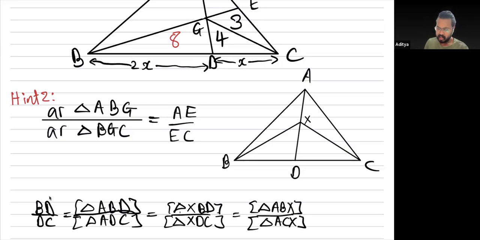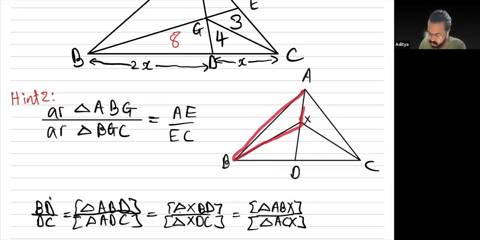Here it's not like congruency, where you need to worry about the order of the vertices that you're mentioning. What I'm trying to say is, for every triangle on the left side and its corresponding triangle on the right side, if you take their area ratio, that will be equal to the ratio of the two bases over here.